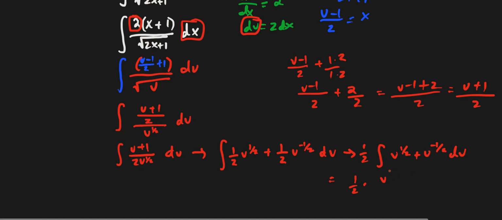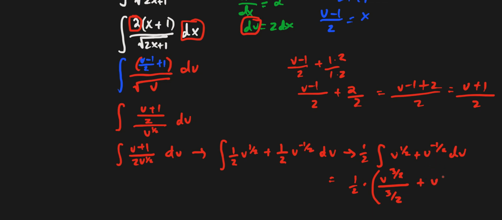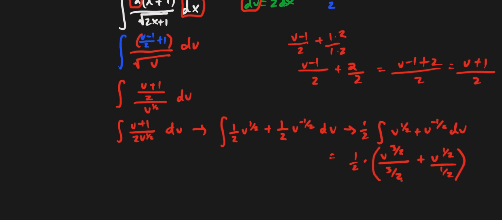So I'll just write that. That's just 3/2 over 3/2 plus u raised to the 1/2 over 1/2. And then obviously the plus c. But let's just simplify first before we add that plus c.